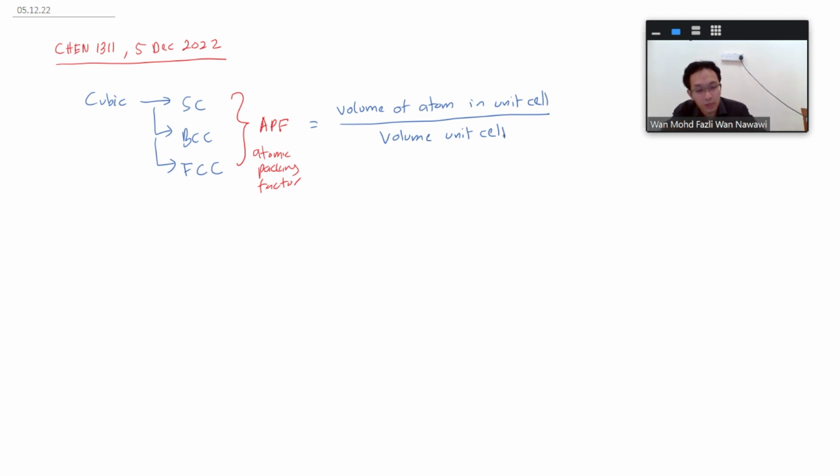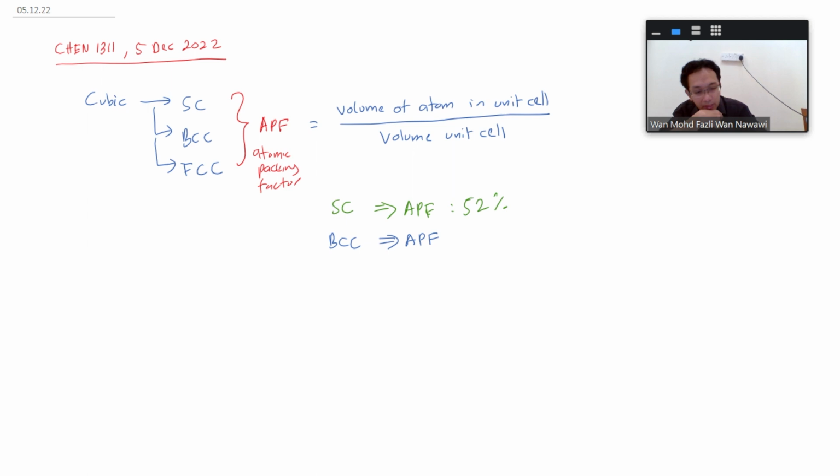Okay, so we know that from when I showed the calculation for the simple cubic. The simple cubic APF is around 52%.